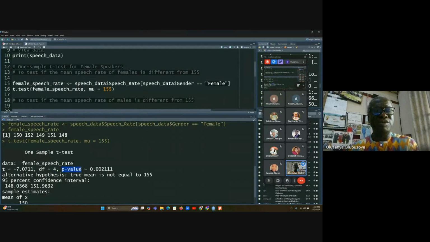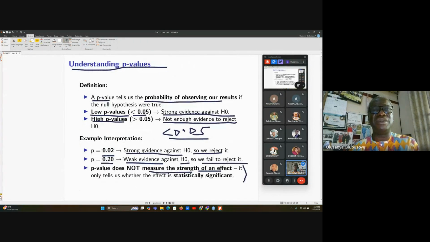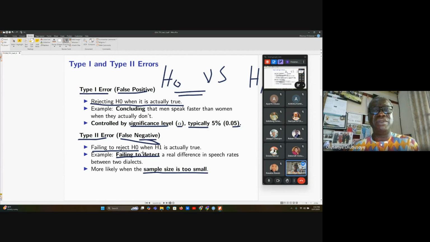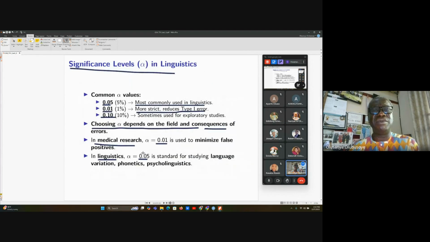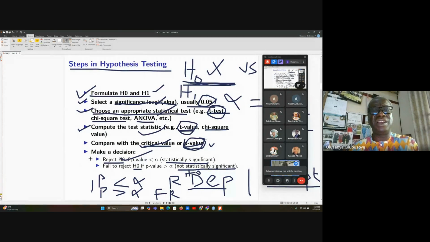The p-value, which I said we need to be able to compare, we will now compare with our alpha value. Remember, I showed you here that you will now compare the p-value with the alpha value as we discussed.